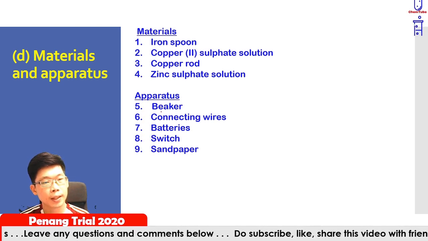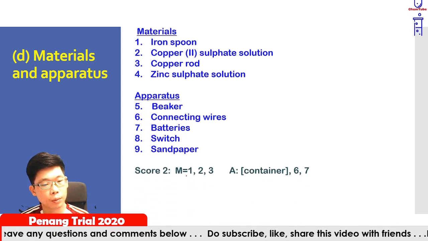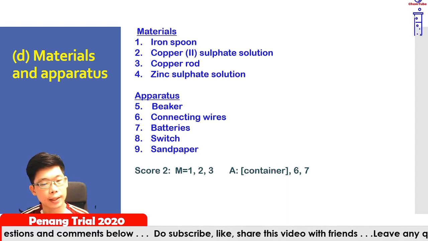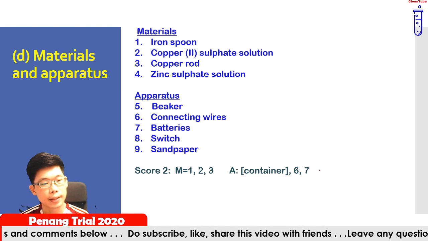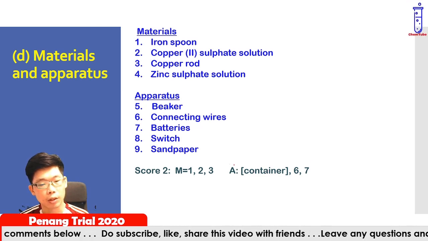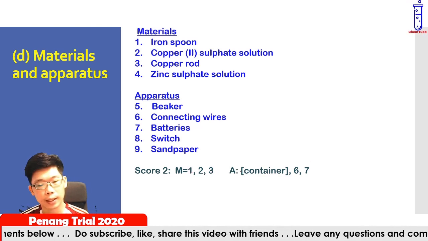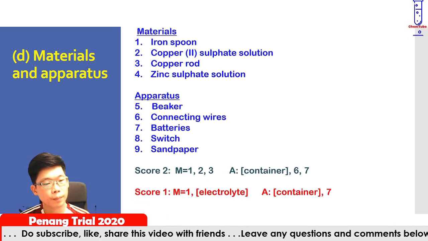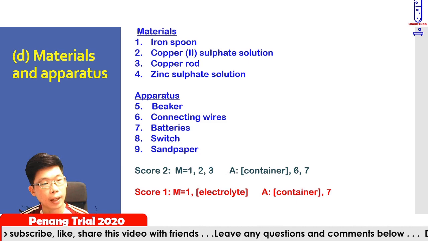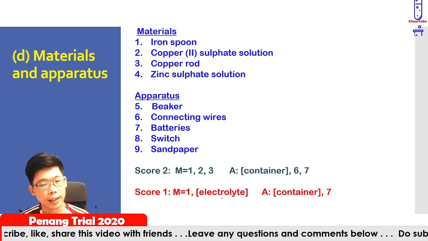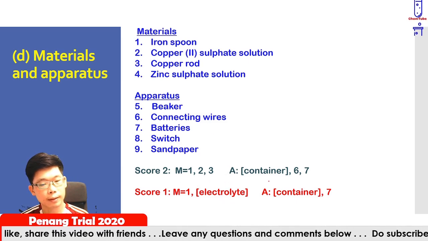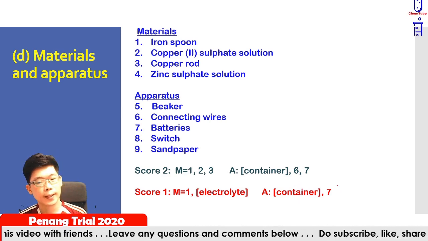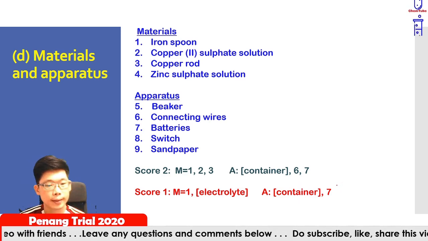For score 2, materials 1, 2, 3, apparatus any suitable container, and 6, 7, meaning you need to fulfill all these criteria. For score 1, material M1, iron spoon must have, and then any suitable electrolyte, and then container, and number 7, you need the battery. So that is score 1.